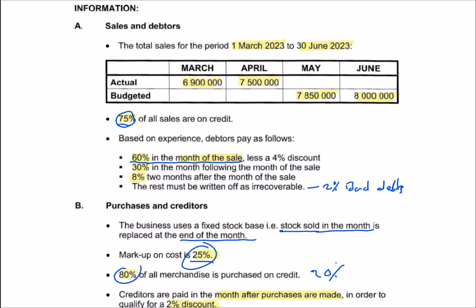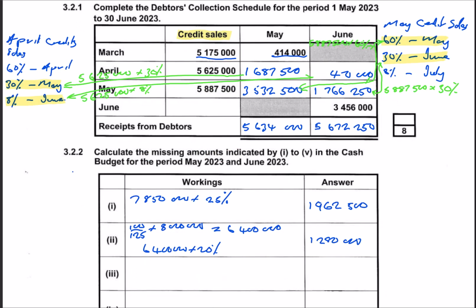So you come back here again, it's going to be 100 over 125 times 7,500,000. That's 100 divided by 125 times 7,500,000. That will give you 6 million.